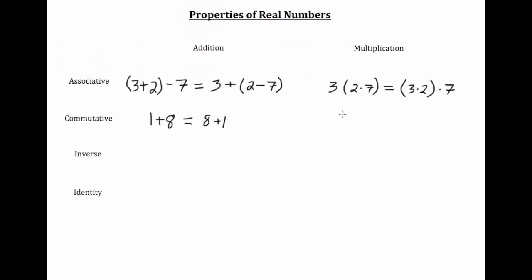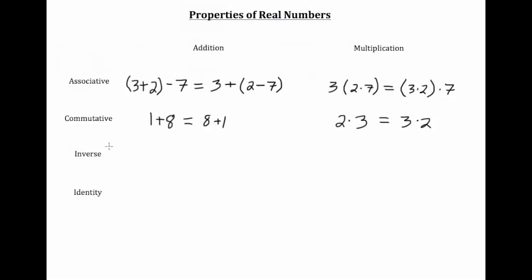Now similarly with multiplication, say we had 2 times 3, that's going to be the exact same thing as 3 times 2. So based on the commutative property, 2 times 3 is going to be 6, and 3 times 2 is also going to be 6. The order doesn't matter.